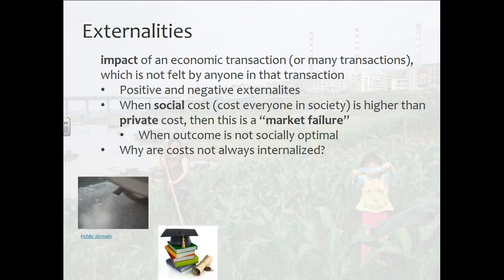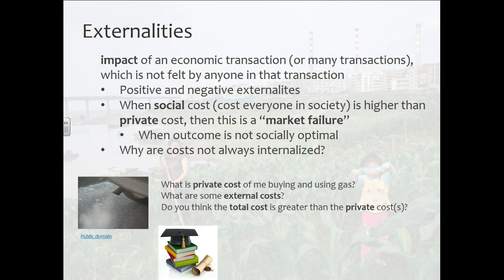Okay. So again, just to go through this again, if you think about pollution and externalities, I want you to think about the private cost, which we've already gone over, of me buying and using gas. Think about some of the external costs, and think about whether this is actually an example of market failure. Generally speaking, pollution is one of the classic examples of market failure. It's difficult to price.